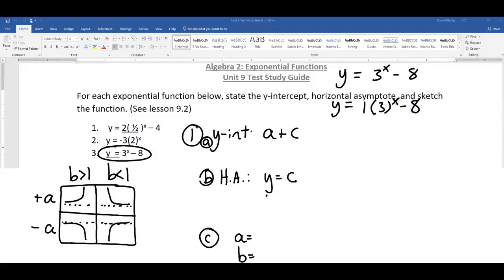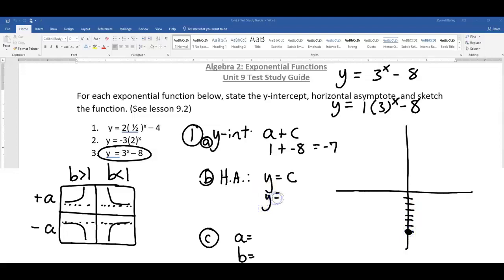To find my y-intercept then, it's 1 plus the c value, which in this case is -7. So we put a dot there. The horizontal asymptote is the c value, which is negative 8. So we put a line there.